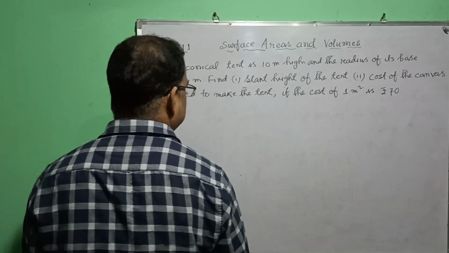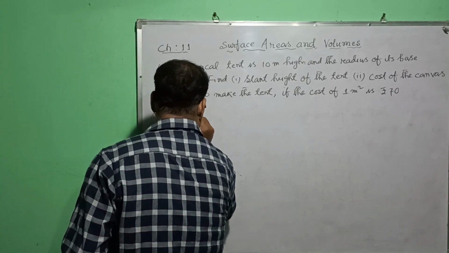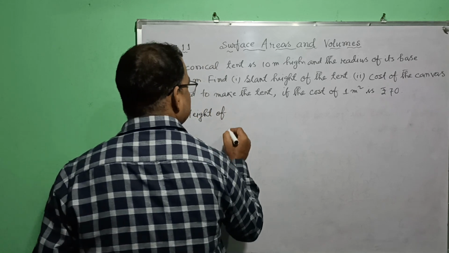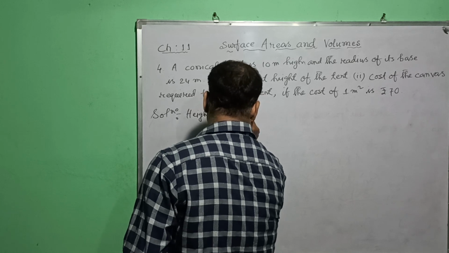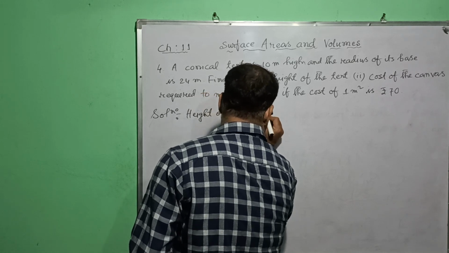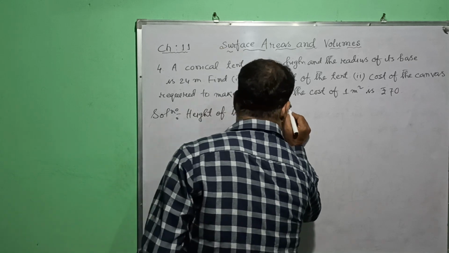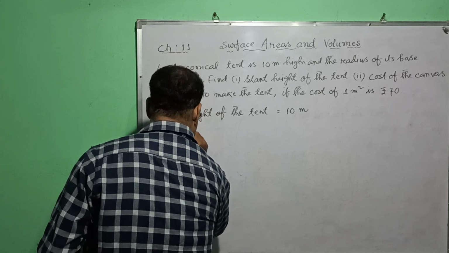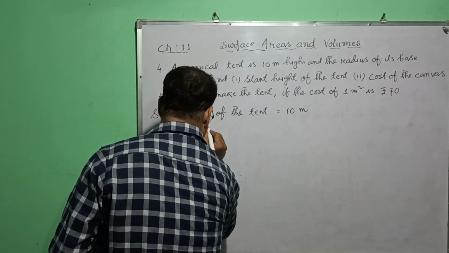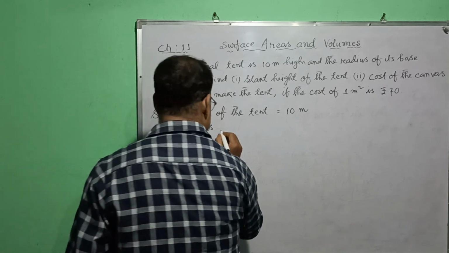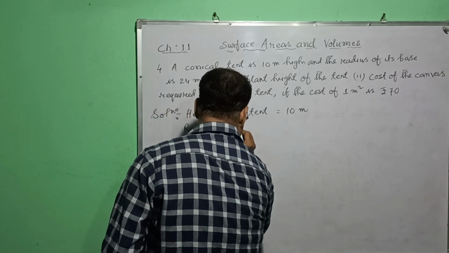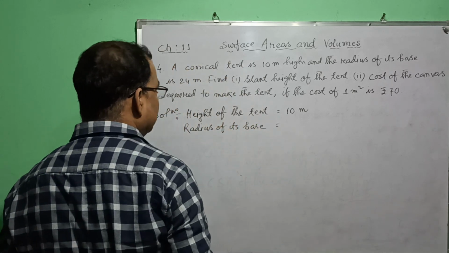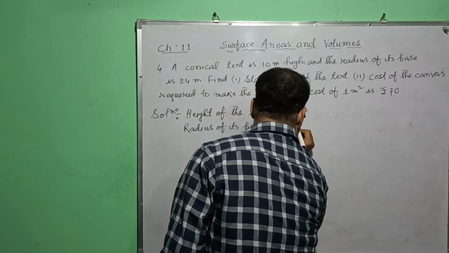So let us write first, height of the tent equal 10 meter. Radius of its base equal 24 meter.